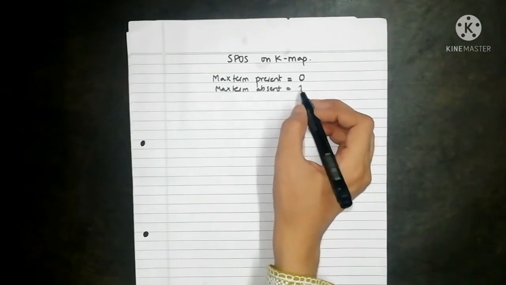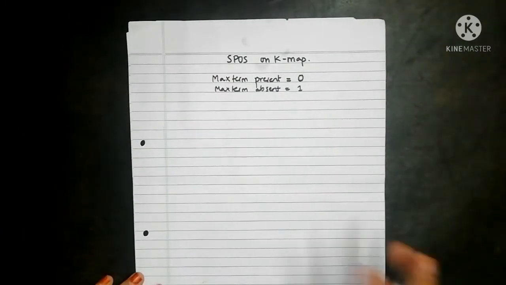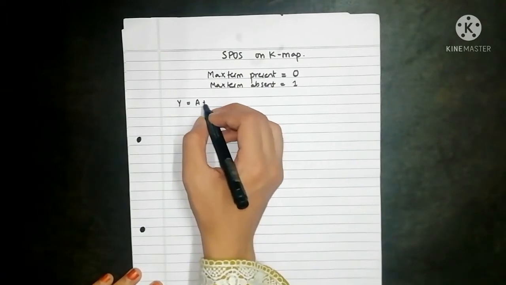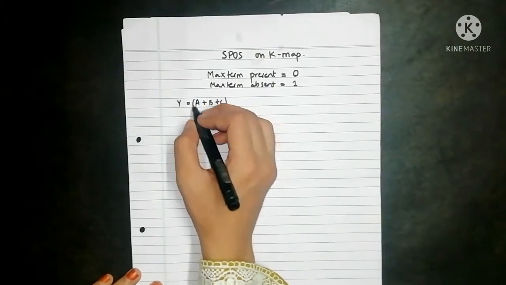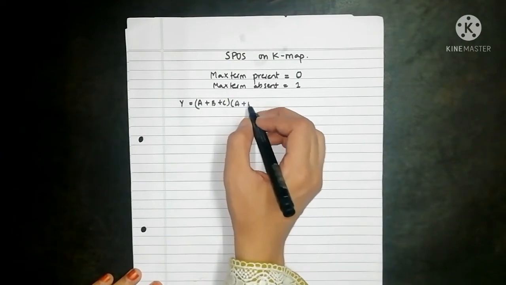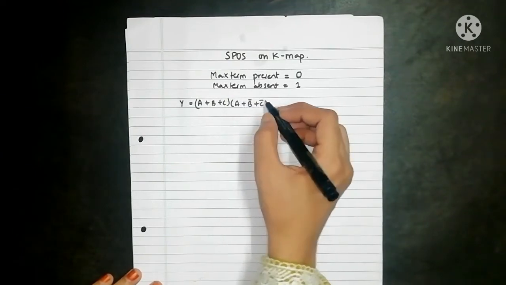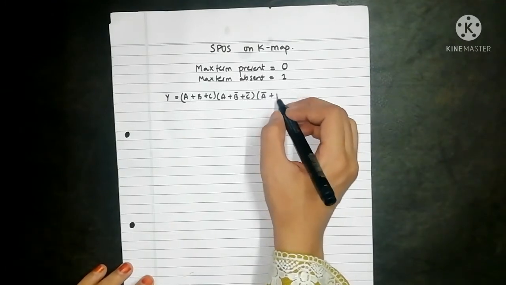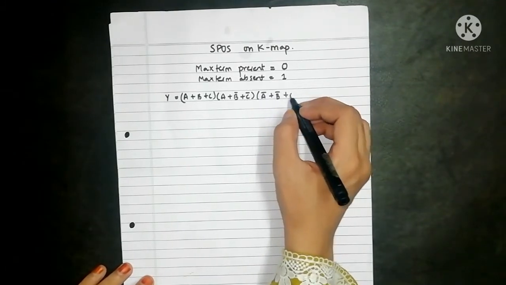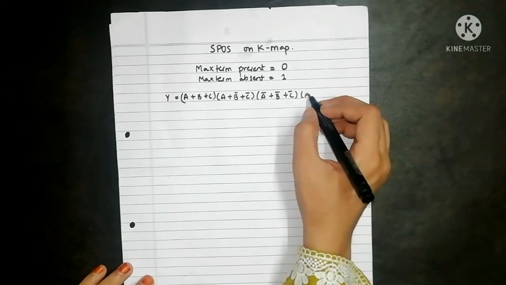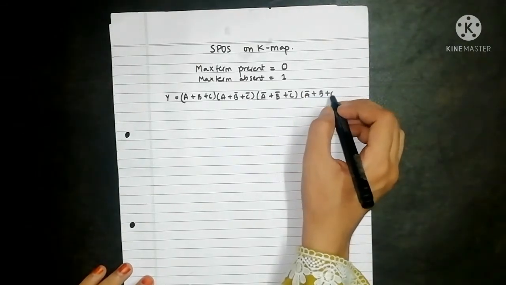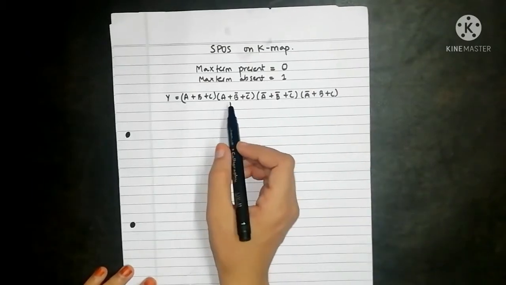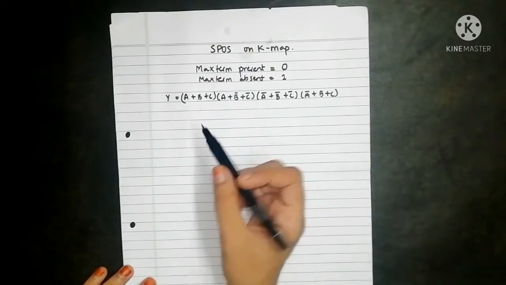then write 1. Okay, so we will take the equation y is equal to a plus b plus c, a plus b bar plus c bar, then a bar plus b bar plus c bar, a bar plus b plus c. In each of the terms, all the three variables are present, so it is of the form SPOS.